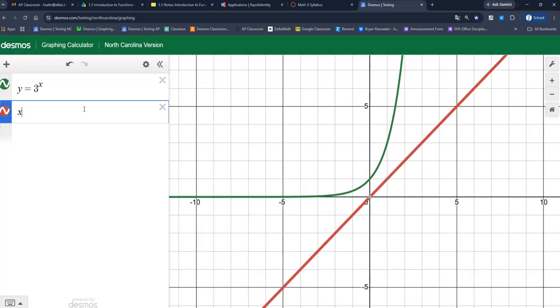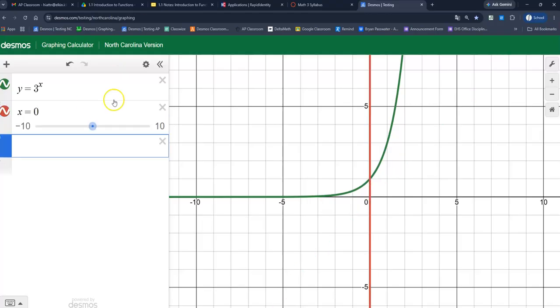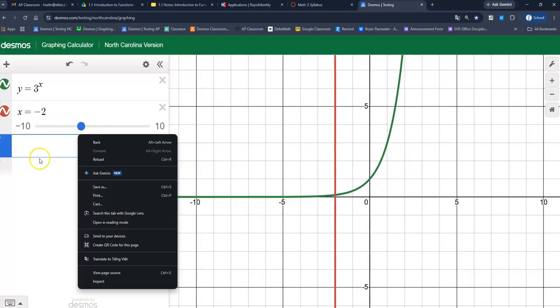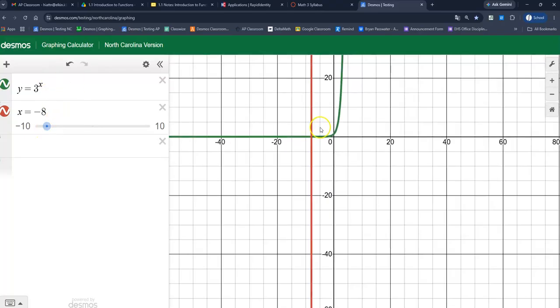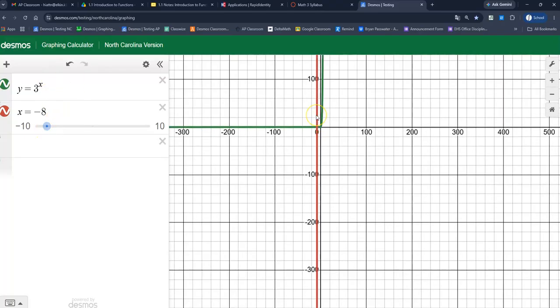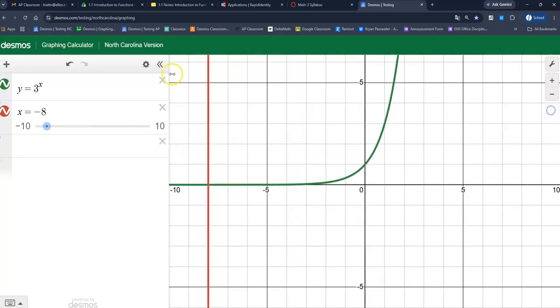Anytime you do x equals a number, that is going to be a vertical line, and then Desmos gives you the slider where you can move it right here. Does this one pass the vertical line test? Yes, this is a function. Be careful on exponentials. If you zoom way, way, way out, they start to look vertical, like they would not pass, but they do pass the vertical line test. So exponentials are going to pass the vertical line test.